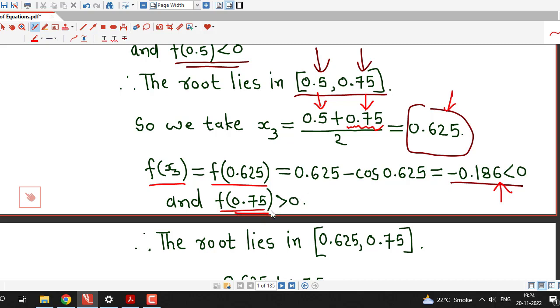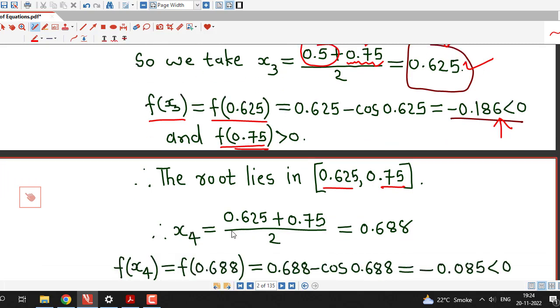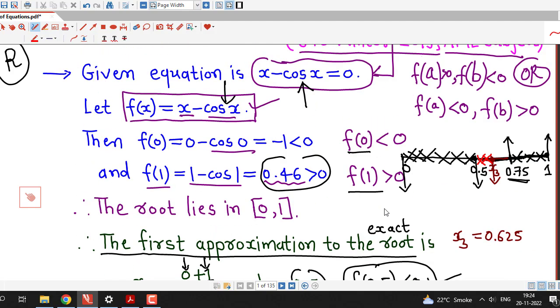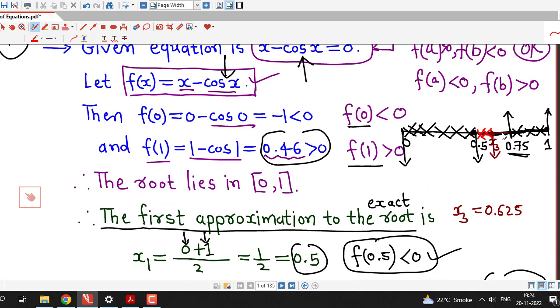Therefore, next interval is 0.625 to 0.75. We are not considering 0.5 because f of 0.5 is negative, and therefore the next approximation is average of 0.625 and 0.75, which is 0.688. So that is this point.